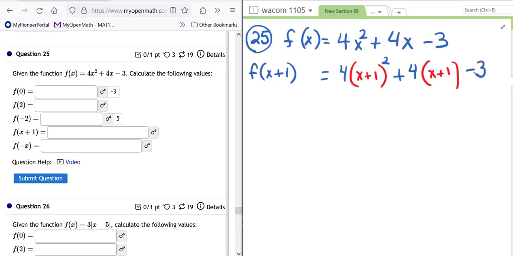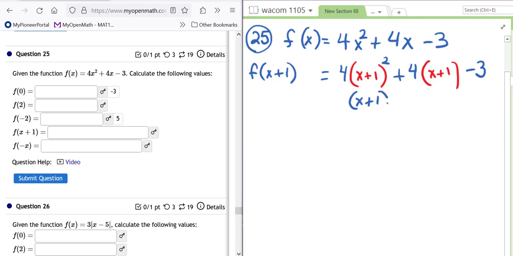You do have to watch out here with your simplifying. This is a binomial squared, which we haven't talked about yet, but you probably have learned about binomials before. But what we're going to have to do is write that twice and do FOIL, and we have to work that one out first.